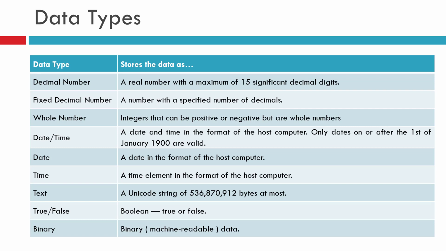Instead of 15 decimal digits, you can also use fixed decimal number as a data type to have only a specified number of decimals. The next data type is whole number, which is used on numbers where you don't expect any decimal digits. All of these three data types can be used on positive as well as negative numbers.